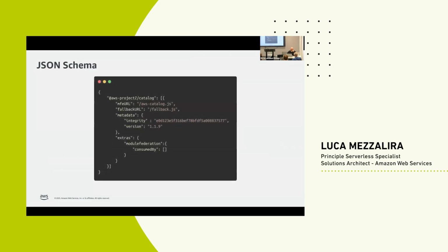And the discovery working group generated this JSON schema, and nothing is, let's say, groundbreaking, but the idea is I provide a unique ID to identify a Micro-Frontend, where to find a Micro-Frontend, so where to load it, a fallback if you use multiple CDNs. There are a lot of people that are using two CDNs for serving Micro-Frontends, so if one doesn't work, I go to the other one. Some information, standard, integrity, version, and then an extras object that contains whatever you want.